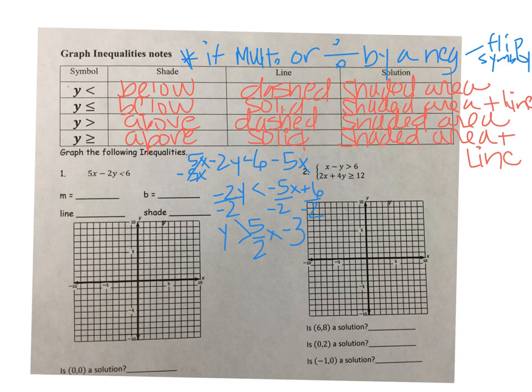Okay. Let's go ahead and figure out what the slope is. We have a slope of 5/2. Rise 5, run 2. We have a y-intercept of negative 3.